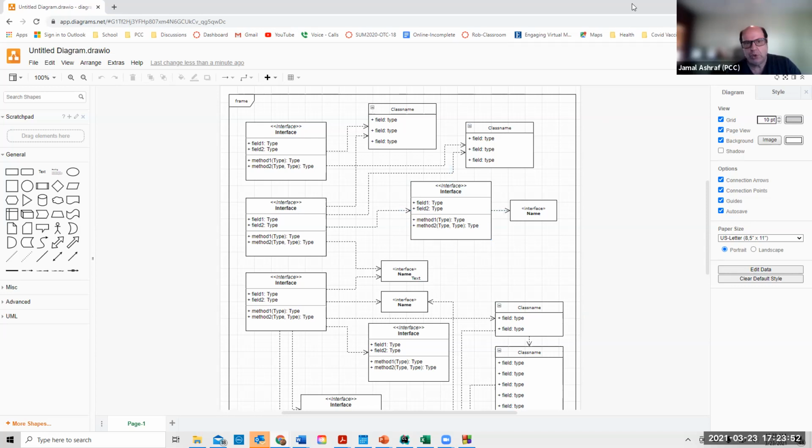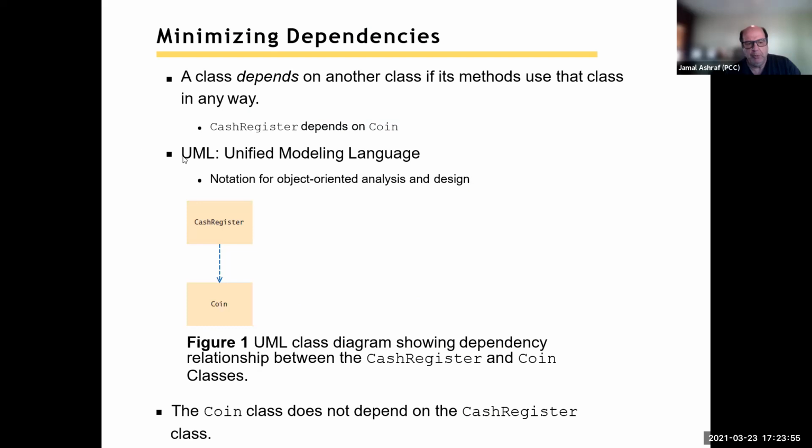So that's what the UML is. In a visual way, it's going to show us how the classes are connected. We're going to spend more time on this in the next chapter when we learn the dependency of the classes on each other. But for now, to just understand it, the idea of the UML is to show in a picture way how our classes are connected with each other.